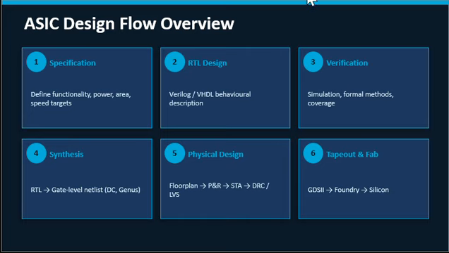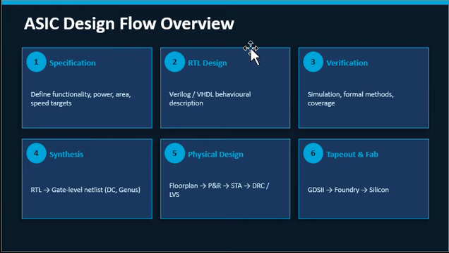ASIC design flow overview. First of all, we get to the specifications. Like, what do we need? Suppose I am going to make an adder. What are the specifications required for an adder? Full adder, like half adders we require. So that is the specification.